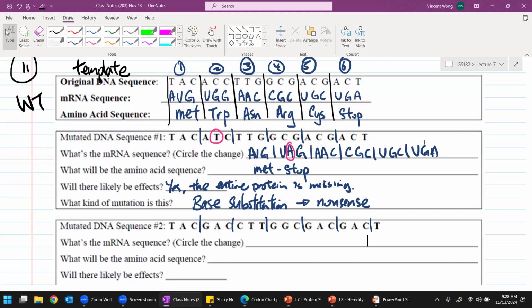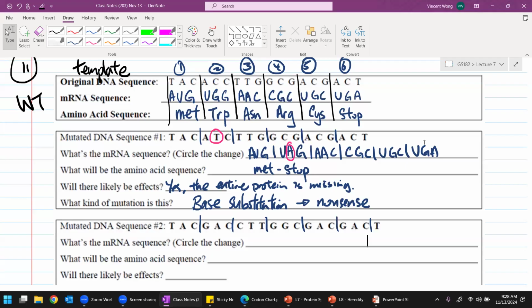No. So just one letter. TAC and then G, right? That's the extra one. See, everything else is the same. Watch. ACC, right? You see that? And then TTG, right? Everything else is actually the same. Compare this with this, you see? But the extra.